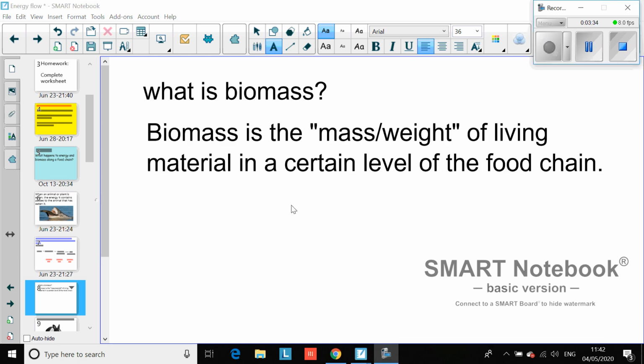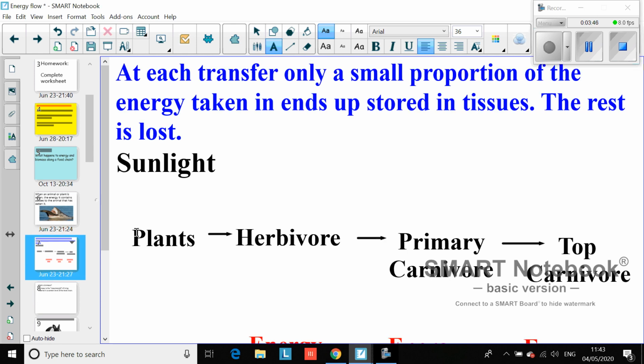Okay, so your answer would be: biomass is the mass or weight of living material at a certain level in the food chain. What we mean by that is, let's say we took all the grass from a field, which is living material, and we actually weighed it. We might have a few tons of grass.